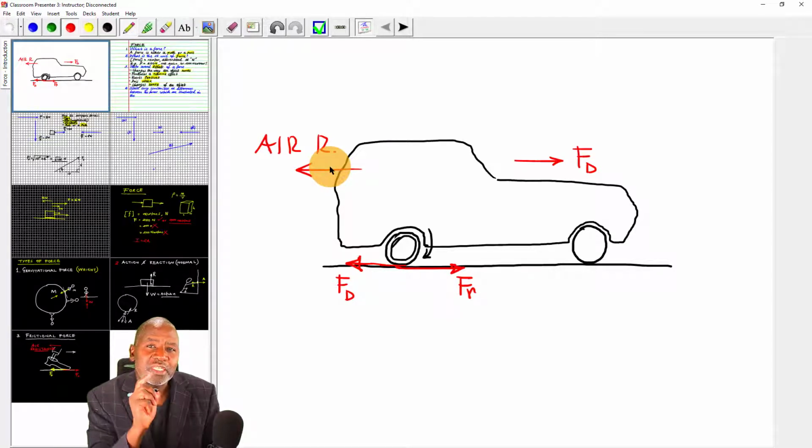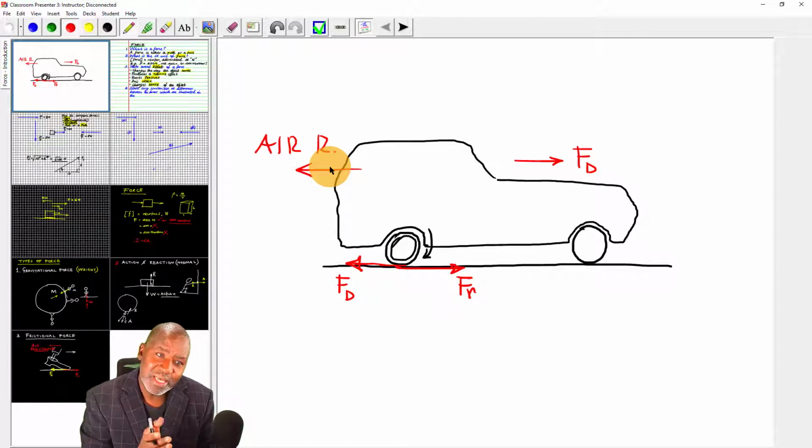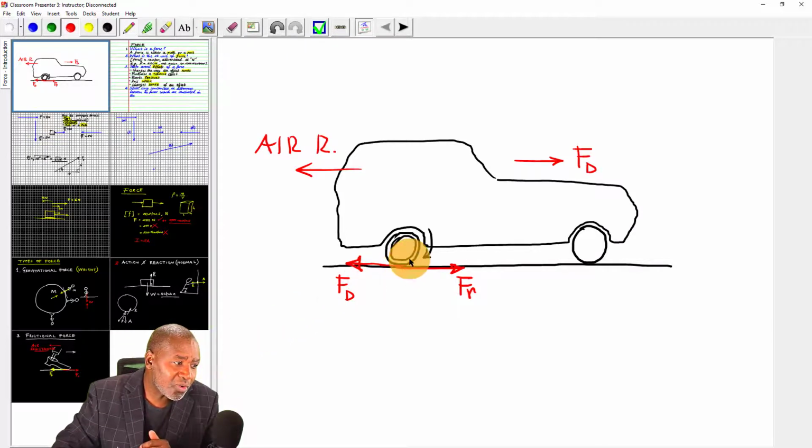And in most cases, when people think about friction, they think about the air resistance, and therefore they say it is opposing the motion, just because we have defined resistance to be that force which opposes motion between the two surfaces. Even here, it is opposing the motion between the two surfaces, because in the absence of friction, this tire is just going to skid.